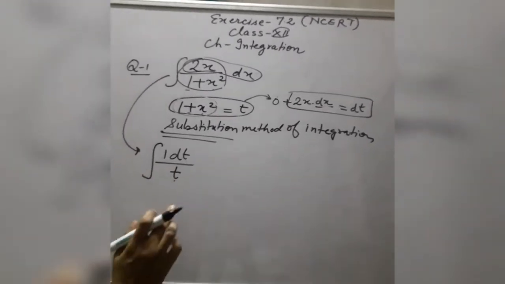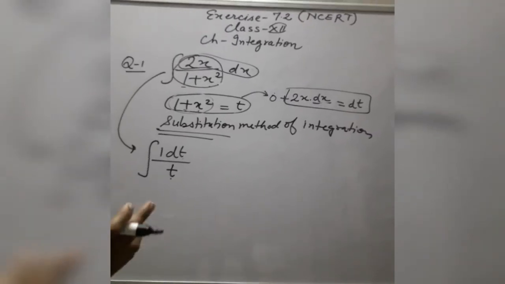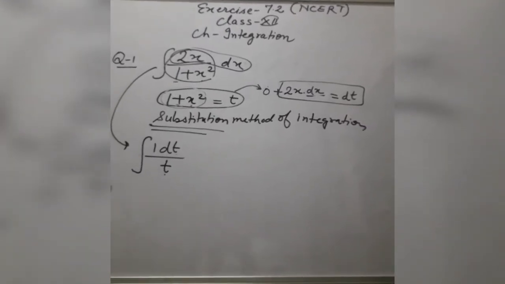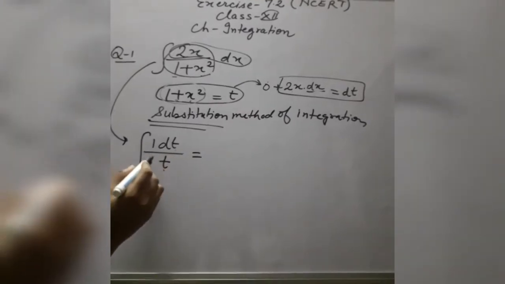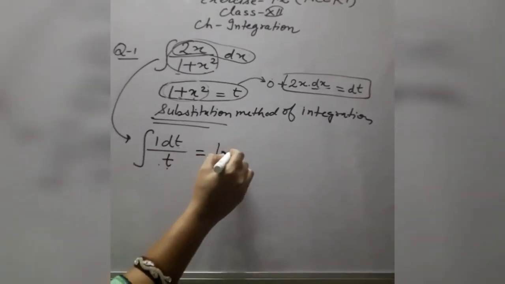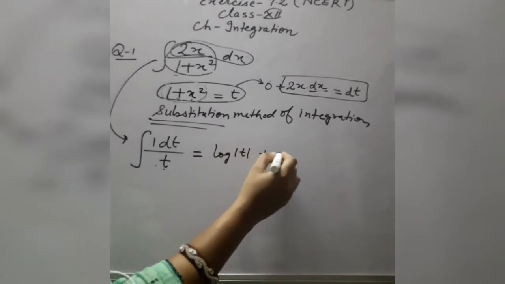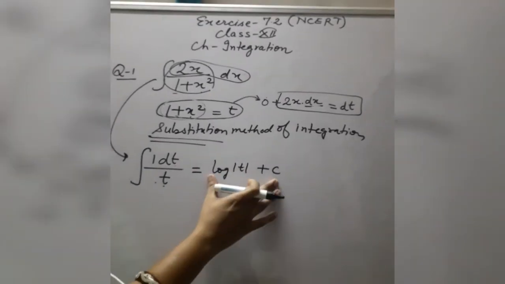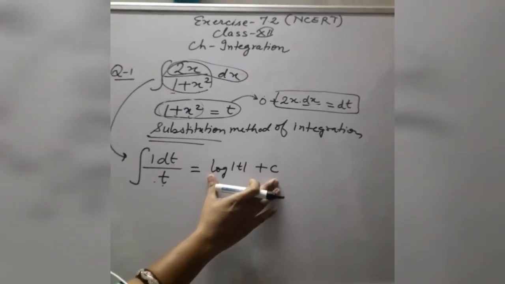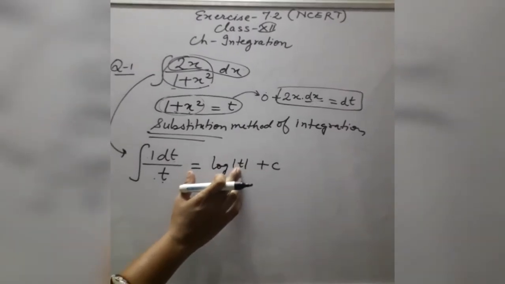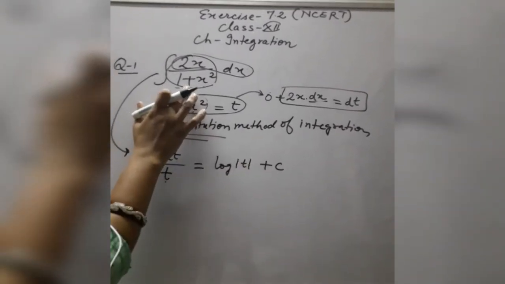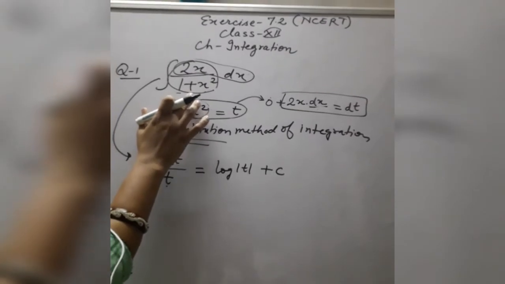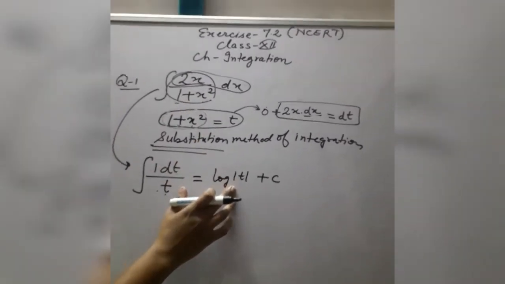Now the derivative of log x is 1 by x, so the integration of 1 by x is log x. So here also the integration of 1 by t is log t plus the integration constant c. Now this is not the answer, because here we are getting the value of integration in terms of t, but the function is given to you in terms of the x variable. That's why you will get the answer also in terms of x.